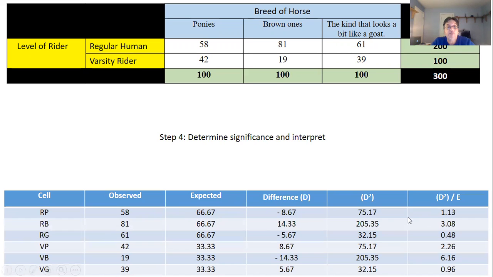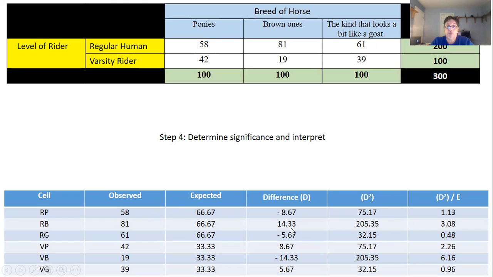We square that value to give us 75.17. Remember, we square things because it gets rid of the negative value, and of course, it keeps the same proportional distance between them. Then we take our difference score value to get to the last column, divided by the appropriate expected value. So 75.17 divided by the expected value of 66.67 should give you 1.13.